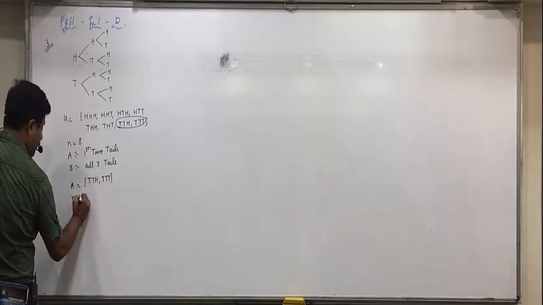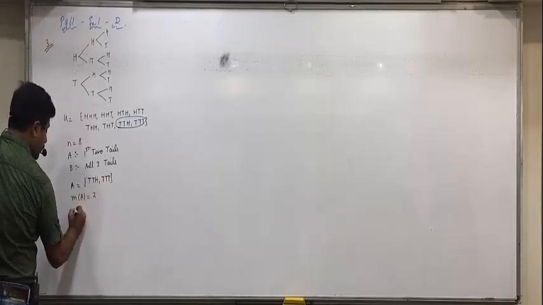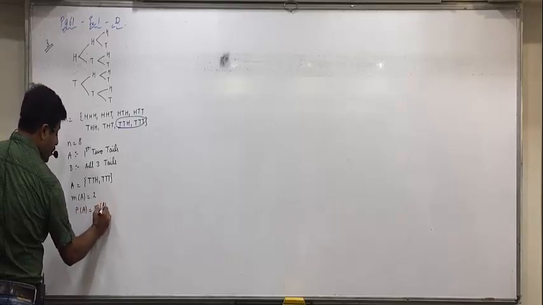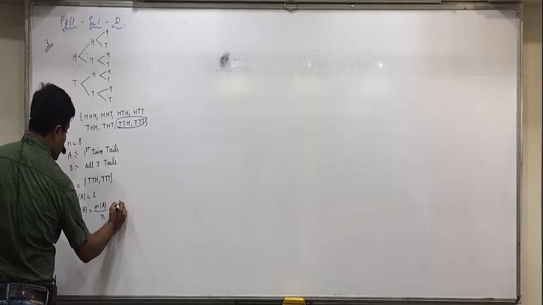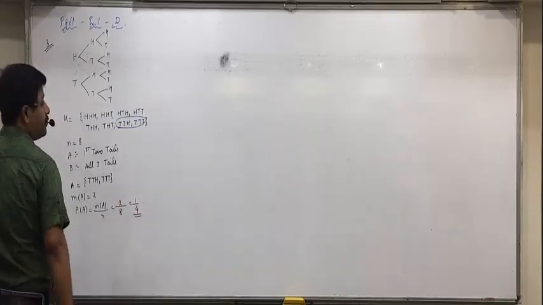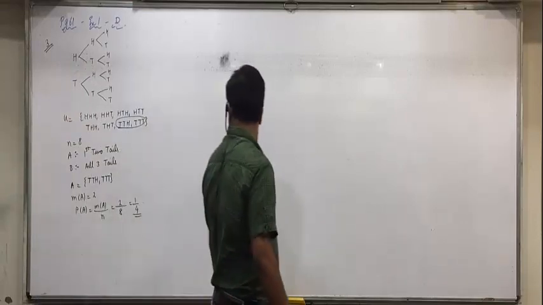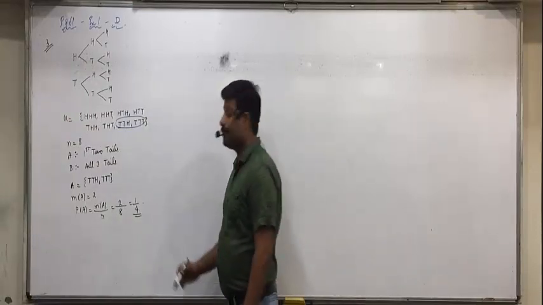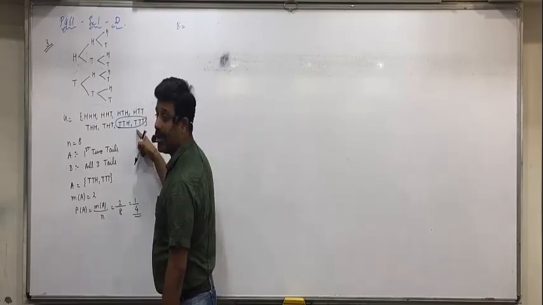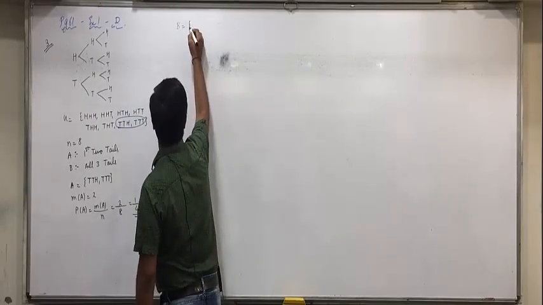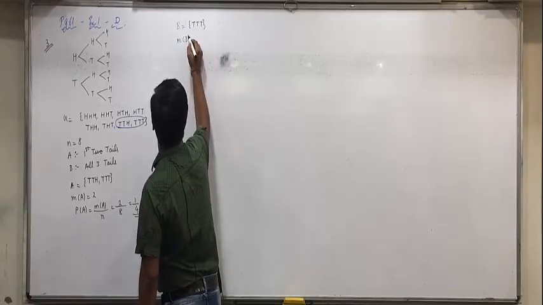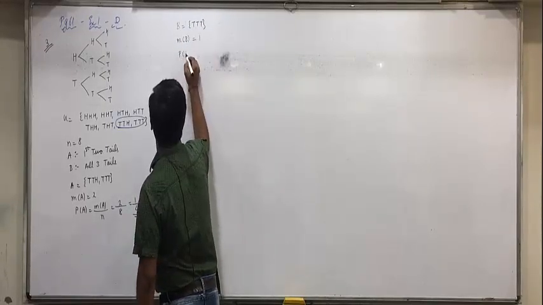M of A, 2. P of A, M of A upon N, 2 by 8, 1 by 4. Any doubts with this? Now event B, all three are tails, so only T T T. M of B, 1.